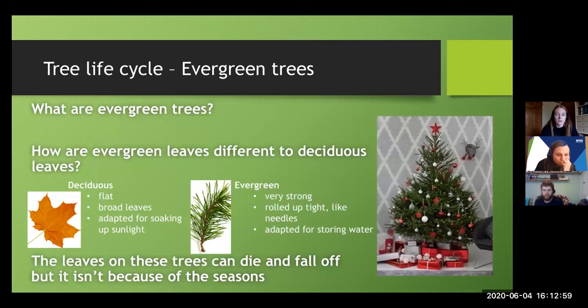An evergreen tree will have really strong leaves that are rolled up tight or very waxy, and that's for storing water. That's their adaptation. So the leaves on these trees don't fall off because of the season, but they can fall off, and that's usually to do with predation. If they get really badly nibbled, then the tree will just get rid of it.